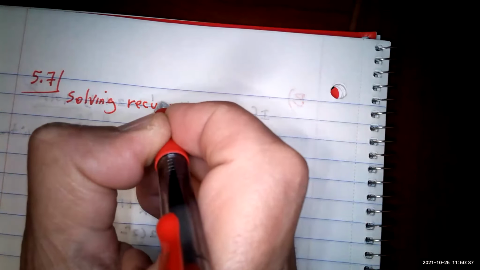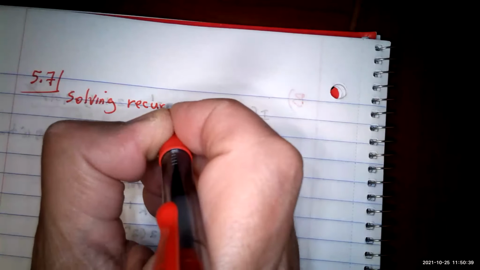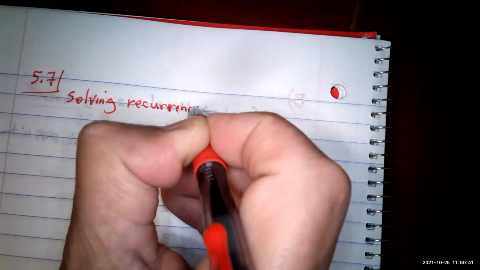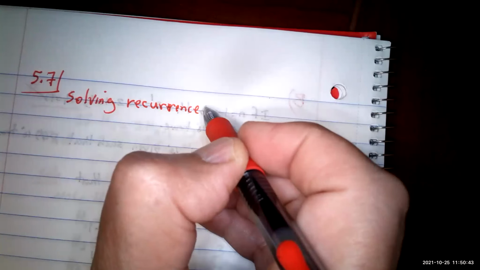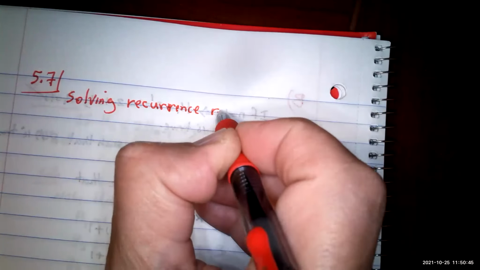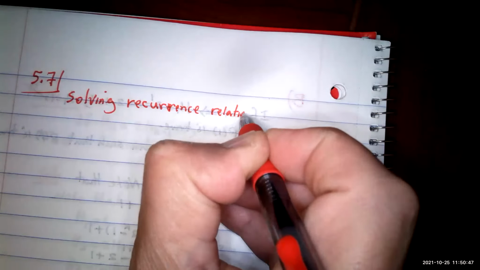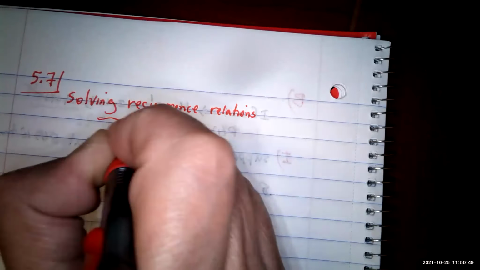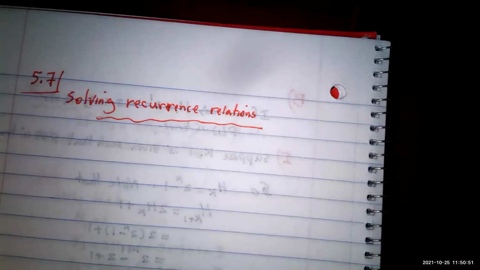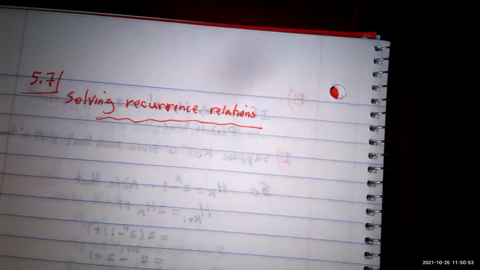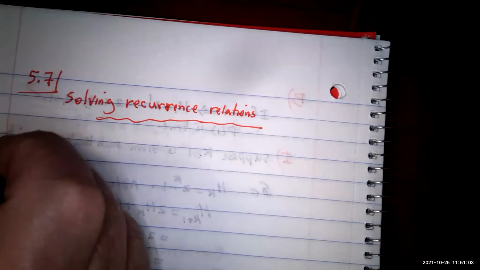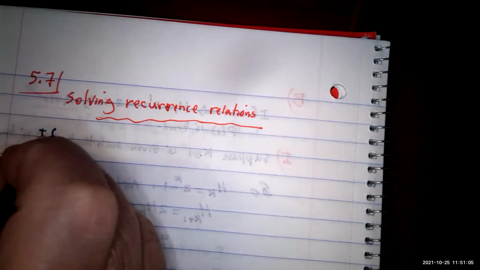Okay, they call it solving recurrence. What are recurrence relations? Just those recursively defined equations that in your book they call a recurrence equation. So let me give you this expression first.